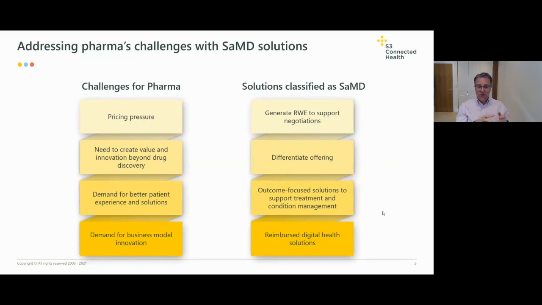Outcome-focused solutions that provide holistic management of conditions by helping to manage symptoms and comorbidities. And of course, there's the opportunity of being reimbursed for these new solutions, whether that's in the form of digital therapeutics or other reimbursable services. Okay, if we go to the next slide, please.